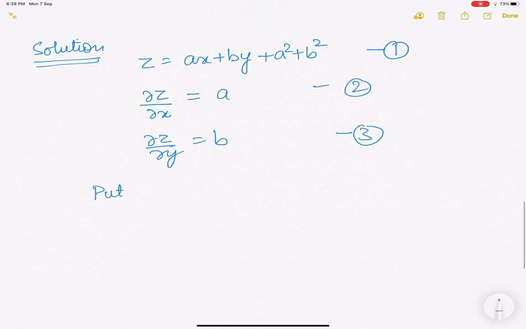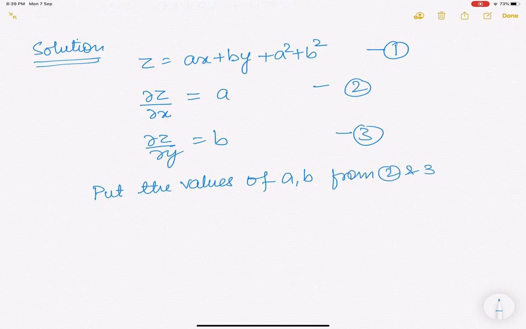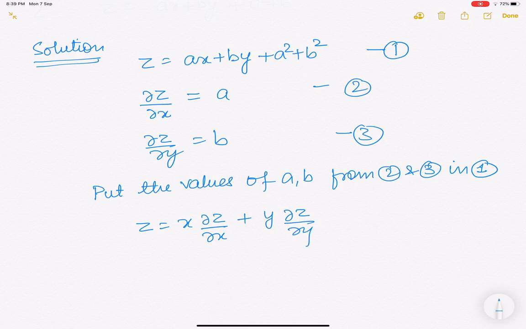Let us name these as 2 and 3. Put the values of a and b from 2 and 3 in 1. We get z is equal to x del z over del x plus y del z over del y plus del z over del x whole square.